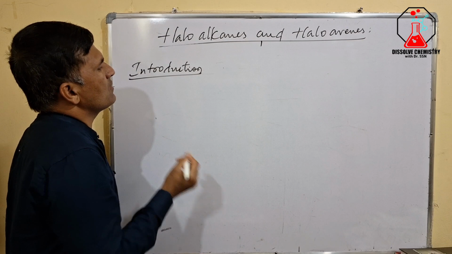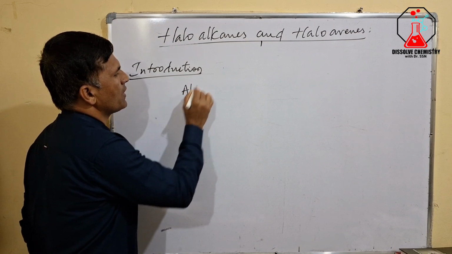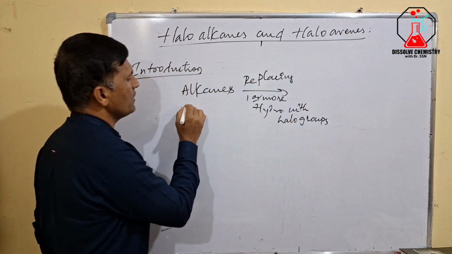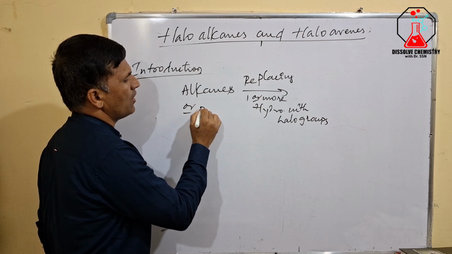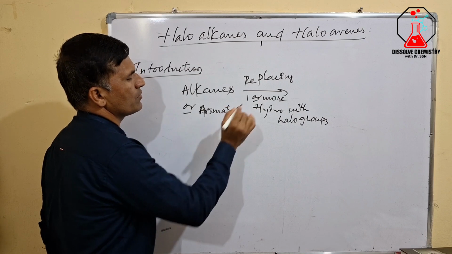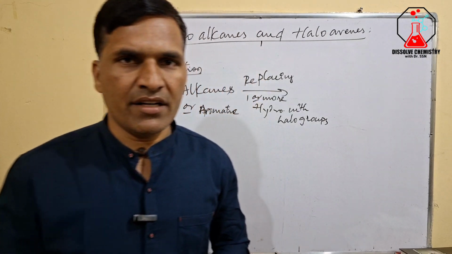When you replace one or more hydrogens from alkanes, or from aromatic compounds, with halo groups, the resulting compounds are called haloalkanes and haloarenes respectively.